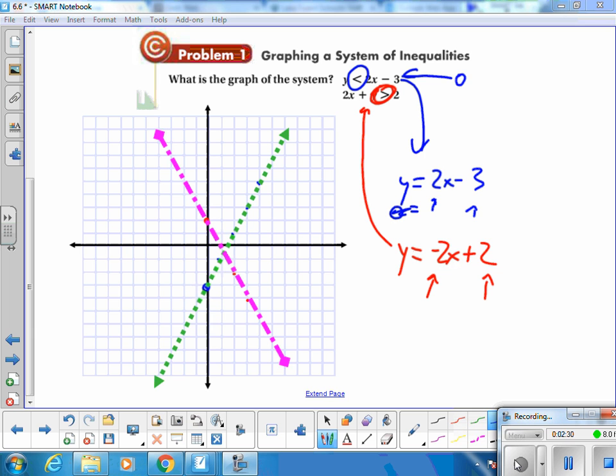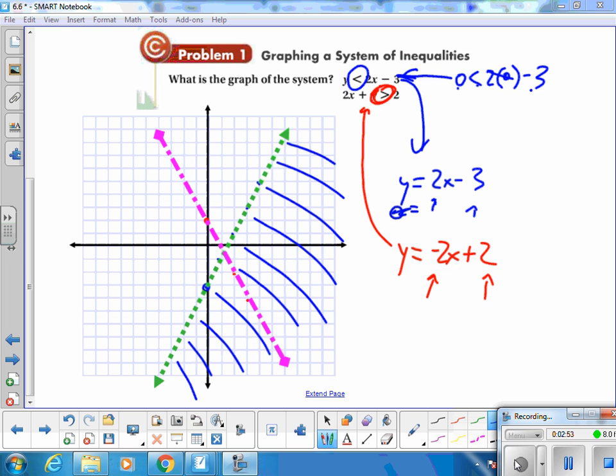So 0 is less than 2 times 0 minus 3. 2 times 0 is 0, so -3. Is -3 greater than 0? -3 is not greater than 0, so 0, 0 is not a solution. So for this inequality, the shading goes on the other side. The solutions are all played out here because 0, 0 does not play out as one of the solutions.